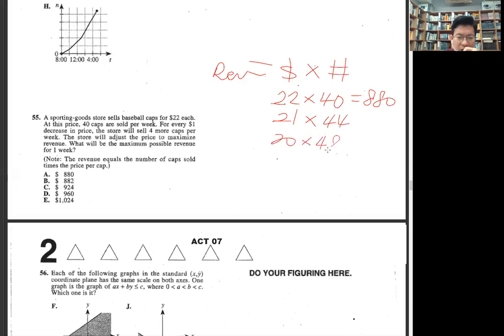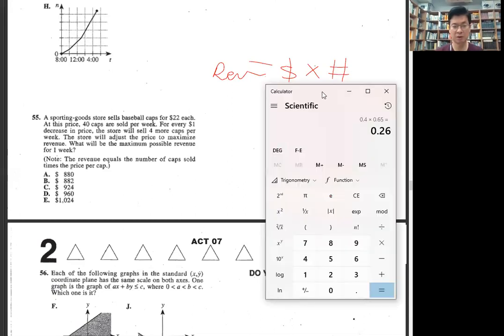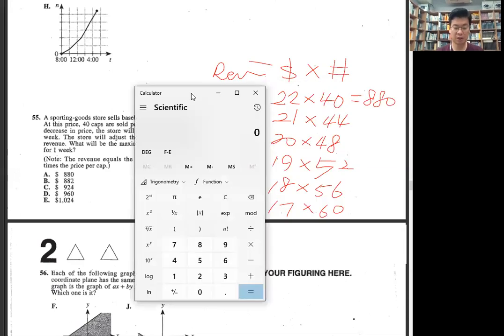Reduce 1 more, 48, at 19. Reduce one more, 52, at 18. 56, at 17. 60, and things like that you can do too. So you can just multiply them all one by one and compare which one is highest.